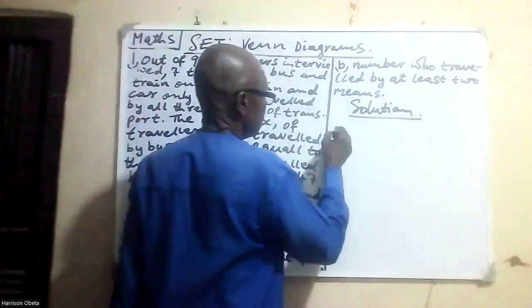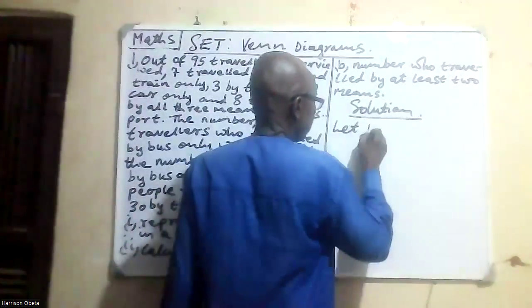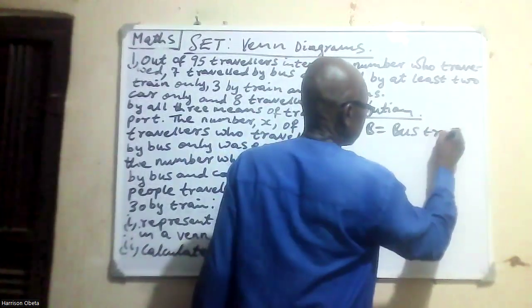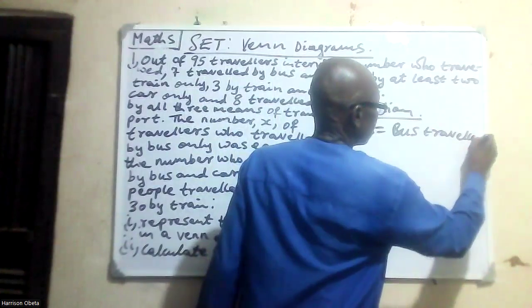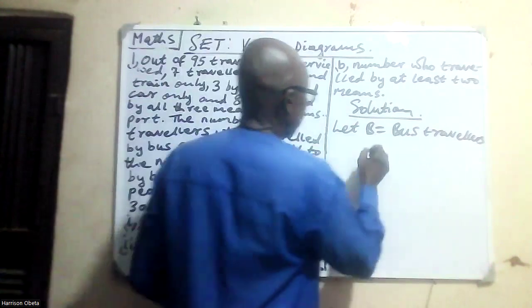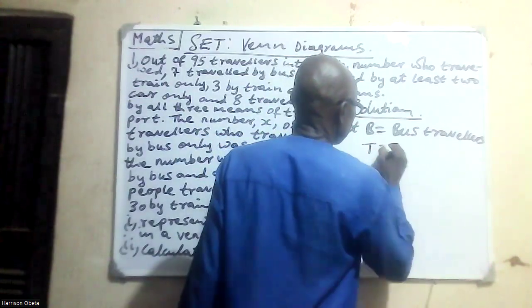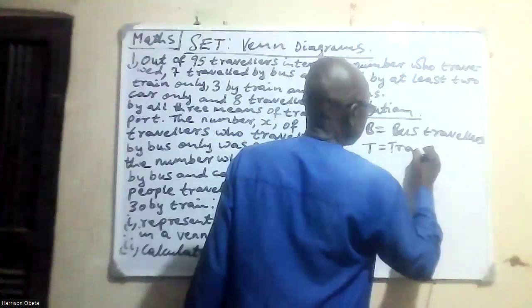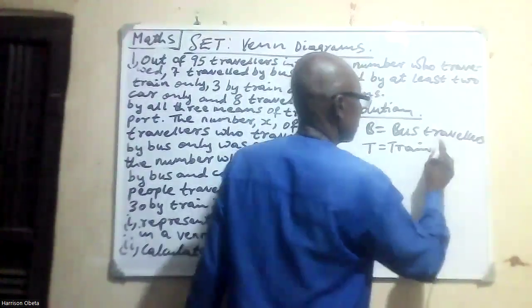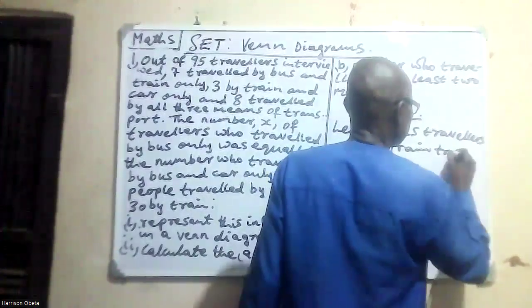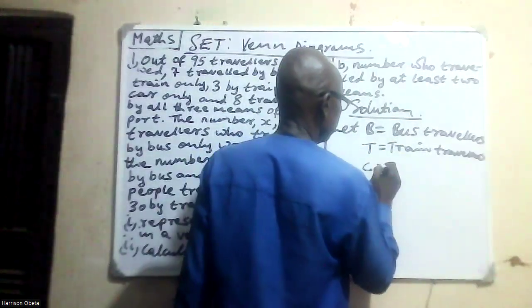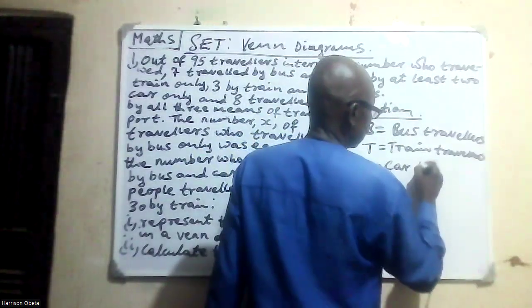Let us use B equal to bus travelers, and then T, train travelers, and then C, car travelers.